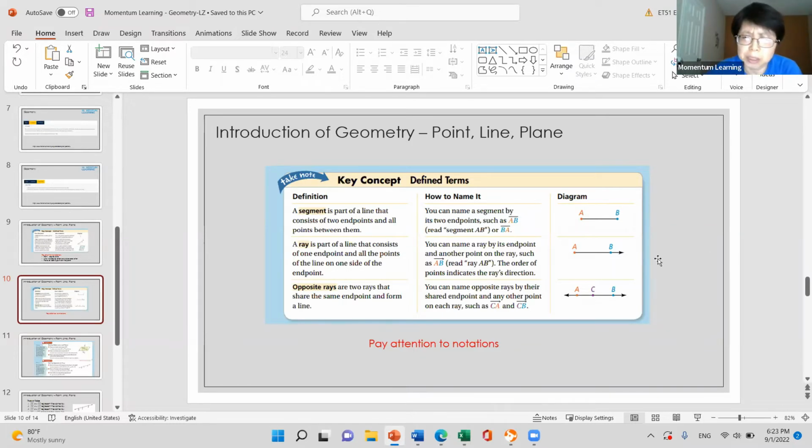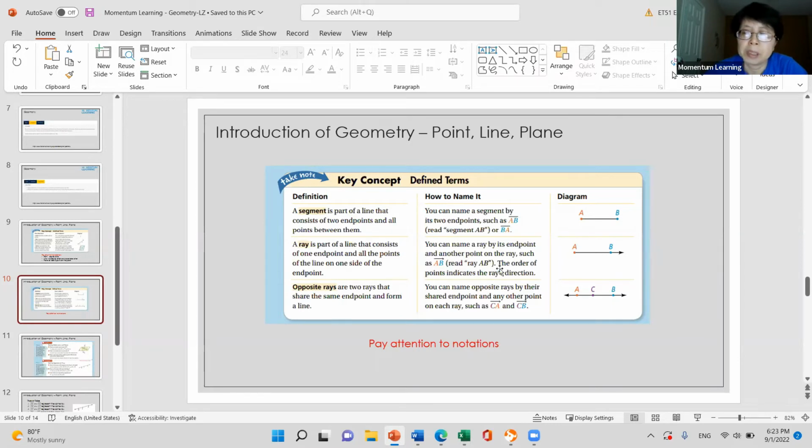I would like to emphasize a lot that when you name the ray, you always start with the endpoint. You start with the endpoint, you see A, and you use another different point on this ray. And you see that only one direction has an arrow.